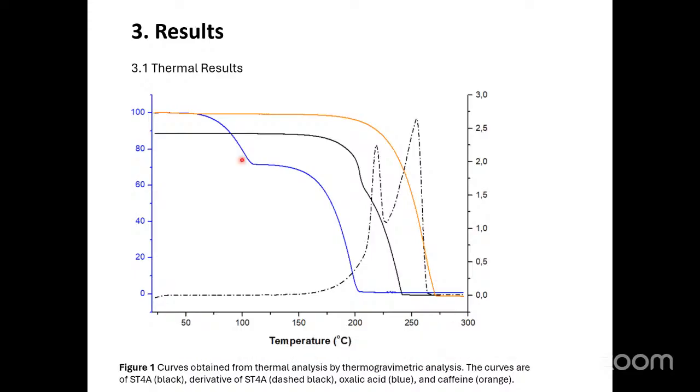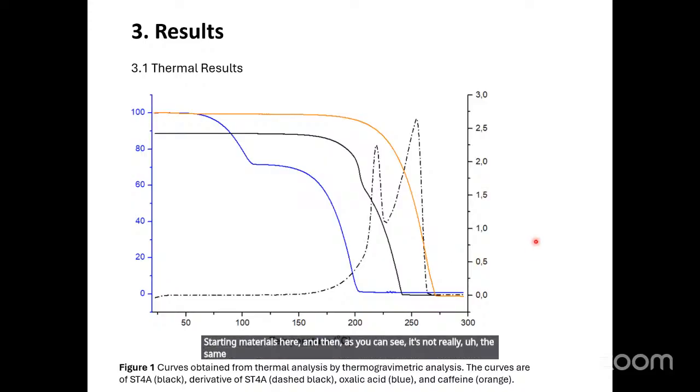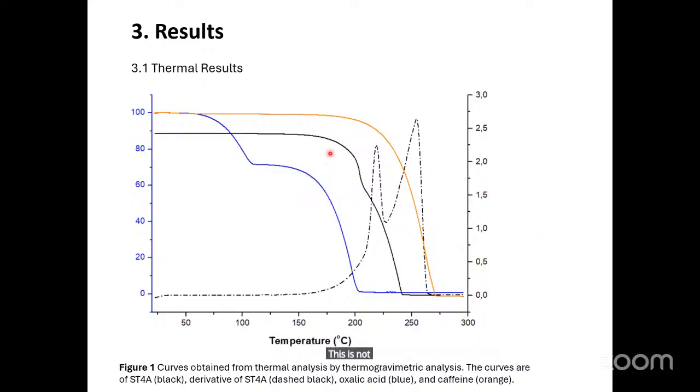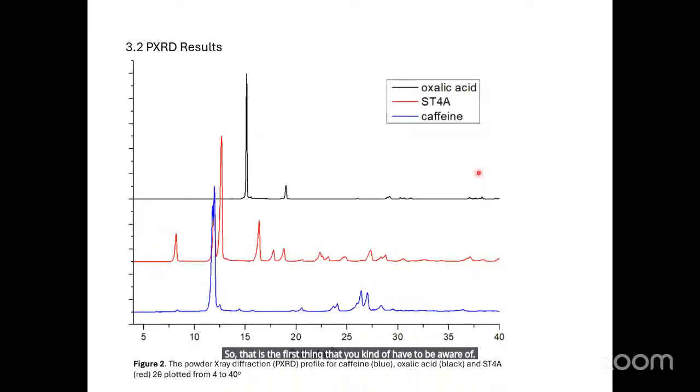You can also compare it with your starting materials here, and as you can see, it's not the same curve. So you know this is not the same thing as those two. That is the first thing you have to be aware of. The next part is the preliminary PXRD, run until 40.